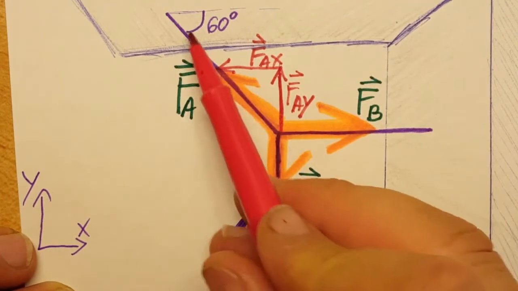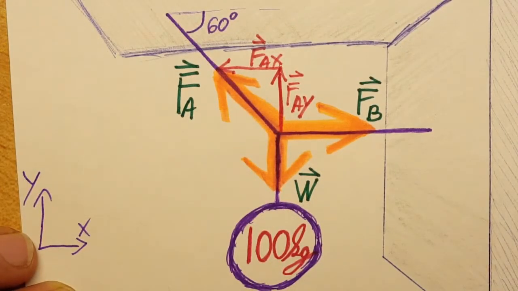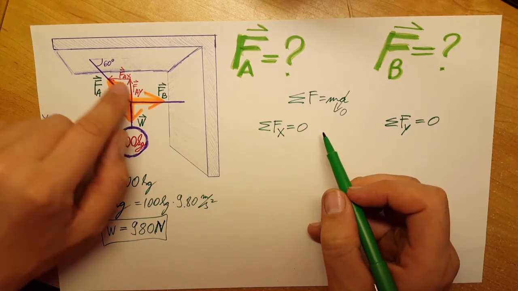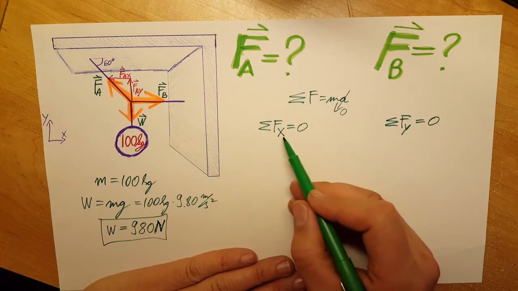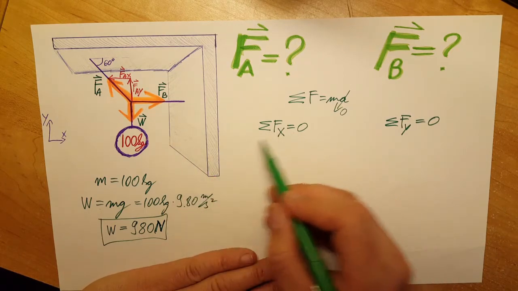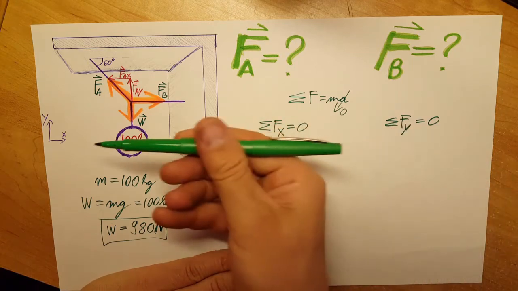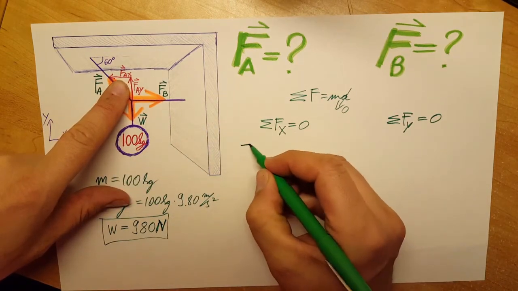And now, using trigonometry, we can calculate some forces. Now that we broke these up, let's see what the sum of the forces in the x direction is. What does that mean? Add up all the forces that are acting in the x direction. We have FAX going this way, so we're going to use it with a negative.